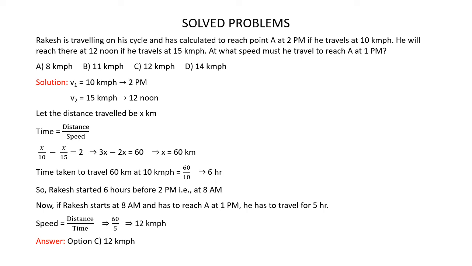Now time taken to travel 60 kilometers at 10 kilometers per hour is 60 by 10, which is 6 hours.